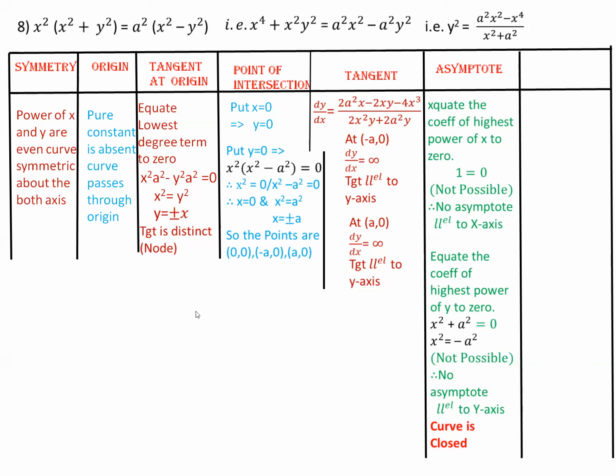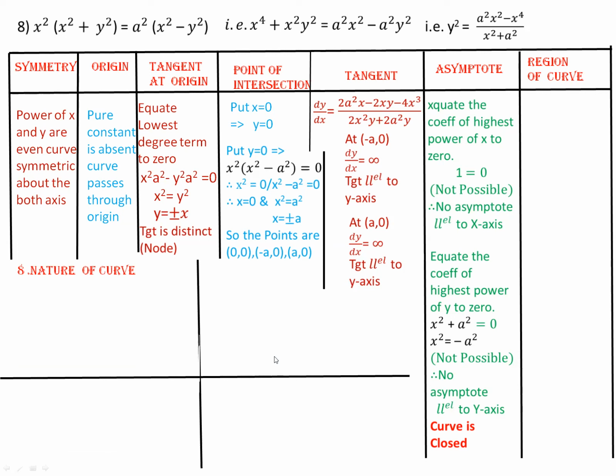Okay. Then next, finding out the nature of the curve and the region of the curve. So just draw the x-axis and y-axis. Points 0, 0, minus a, 0 and a, 0 we are plotting on that. Drawing y is equal to plus x and minus x, which are the tangents at origin.